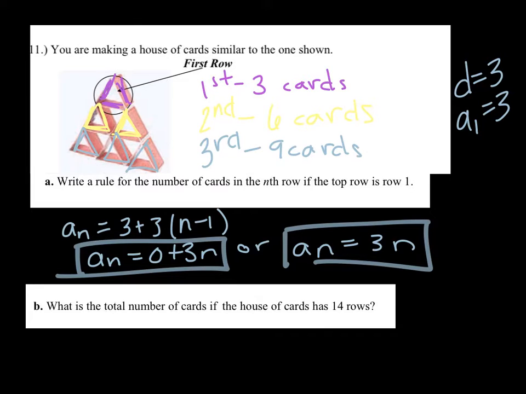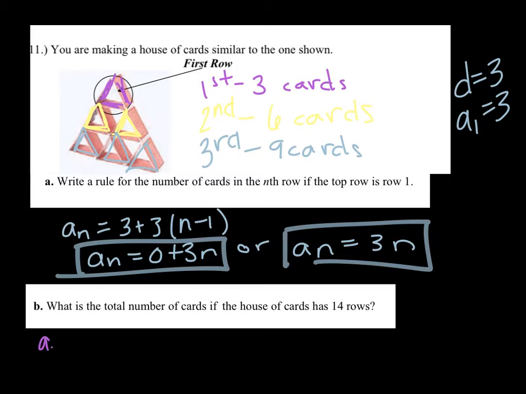Okay, then it asks, what's the total number of cards if the house of cards has 14 rows? So if you had made a house with 14 rows instead of the 3 shown here, how many cards would it contain? The first thing you need to do is find the number of cards in that 14th row, because you need that last term.